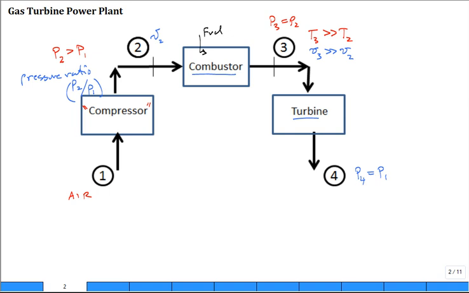So now the specific volume at 4 is much greater than the specific volume at 3. It expands some more, primarily because of the drop in pressure. But as it's expanding, it's pushing the blades of the turbine, and it's doing work on the blades of the turbine, and it produces power. So we have the work per unit mass out of the turbine.